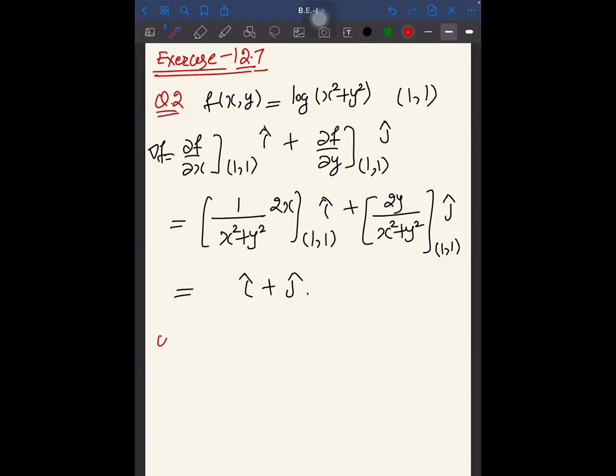Okay, so let's suppose if you have a function like this, then we can generalize the idea. So let's say you have question number 5, and that's f of x, y, z is equal to x square plus y square minus 2z square plus z log x at point (1, 1, 1).